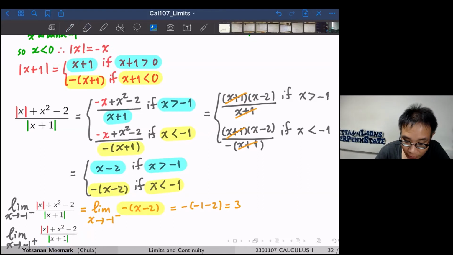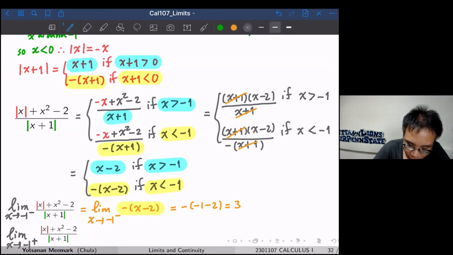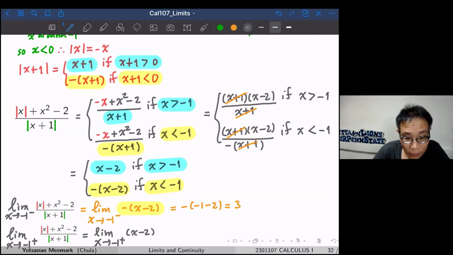So you see that this guy will be in the blue case. So this guy will be the limit as x goes to negative 1 from the right of x minus 2. And this guy you have negative 1 minus 2, so it's going to be negative 3.